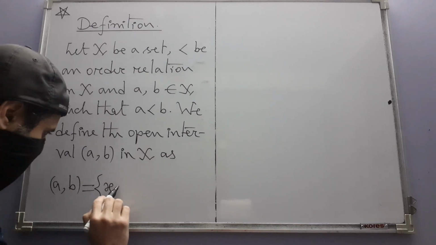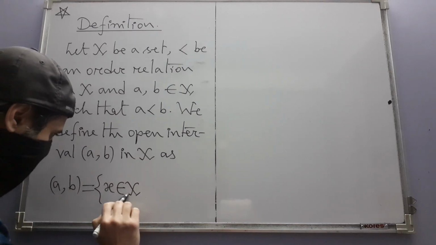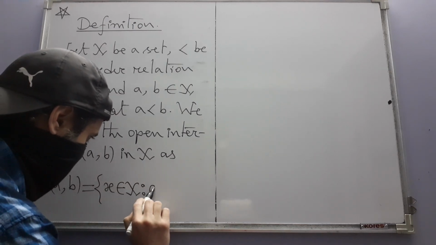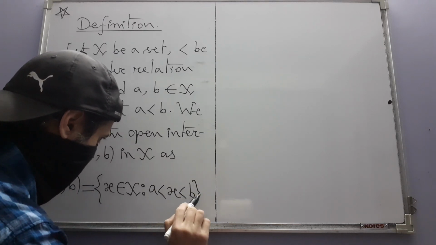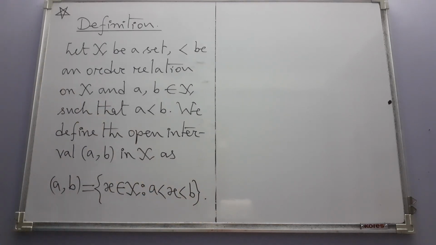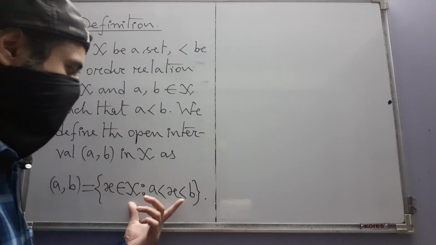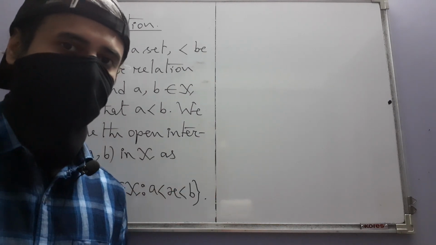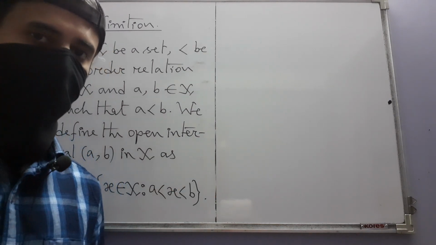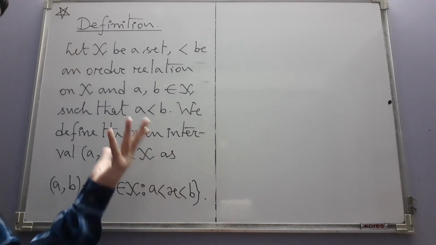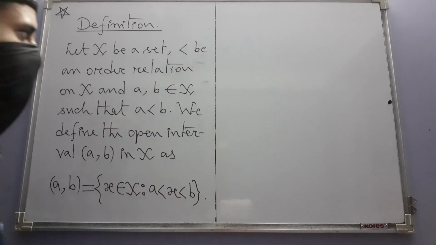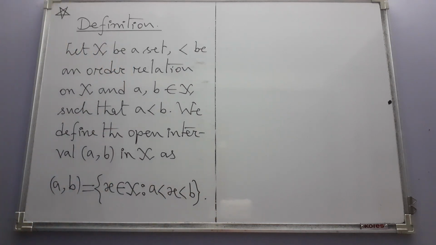It is the set of those elements in X which are related to A and B like this. So this is exactly the definition of open intervals that we have in the system of real numbers. But the exact same thing we can consider here also in any ordered set. And there is more to this definition.